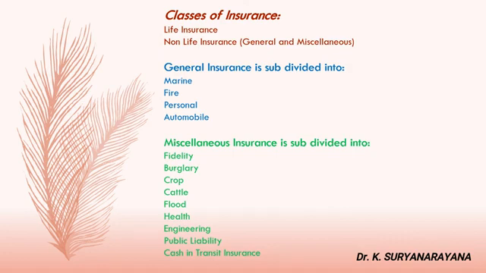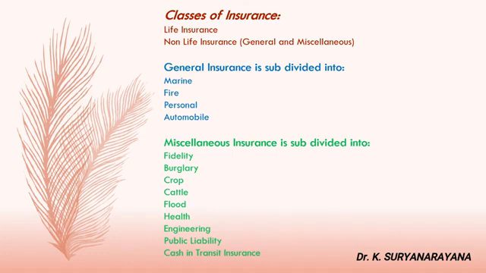Engineering insurance. This insurance gives protection against any loss at the construction site of civil engineering projects, designed to protect engineers, contractors, etc. against any loss in civil engineering projects like buildings, bridges, tunnels, etc. Public liability insurance.